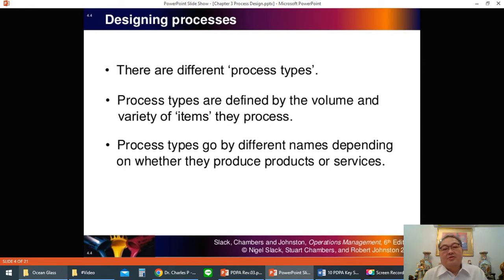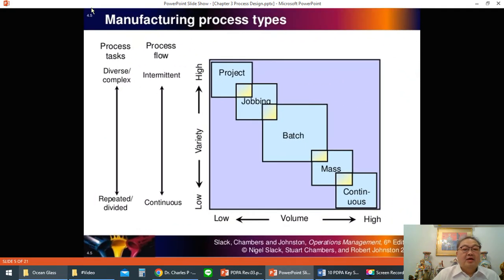If you produce 100,000 units of this mobile, of course the production must be bigger than a production of 1,000 units, right? So that's different. Process types go by different names depending on whether they produce products or services. That's it.